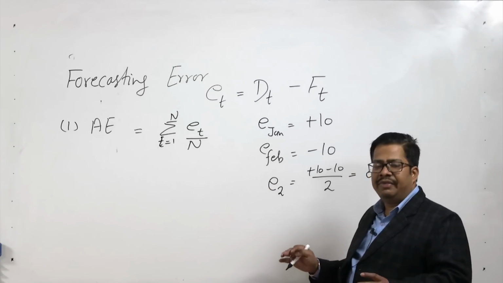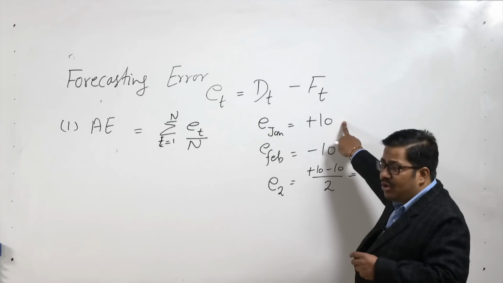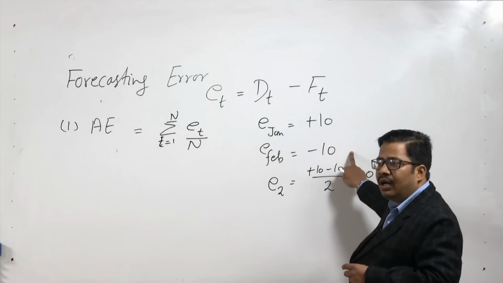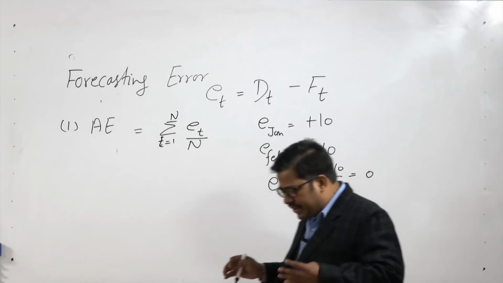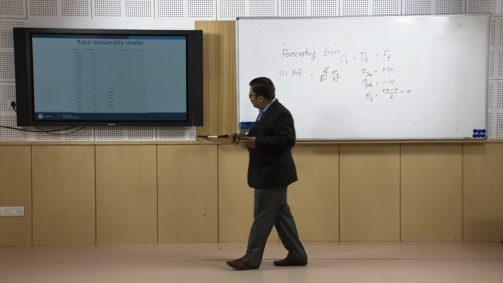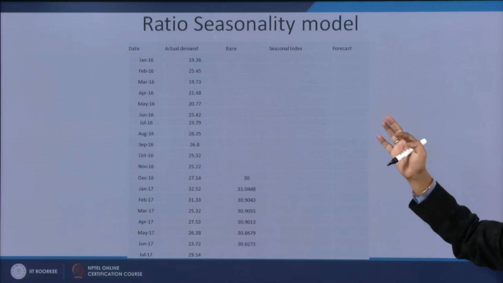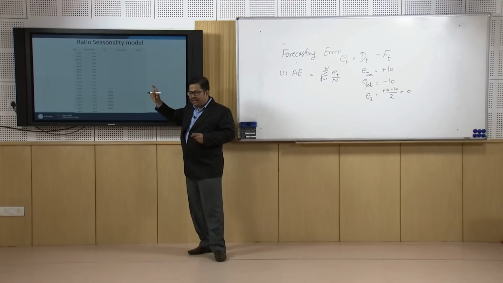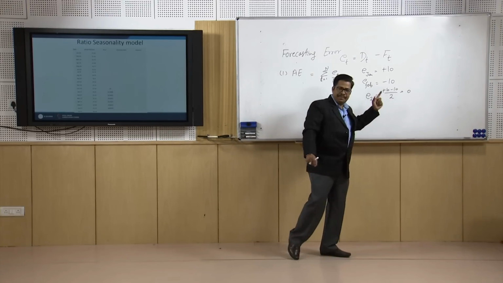So, I am having a very good forecast, but actually because of different signs of these forecasting errors I am getting 0 forecasting error. Nevertheless, in a large sample it is assumed that there will be certain positive values and some negative values, and with these you should have a 0 average error. So, that is what we expect.